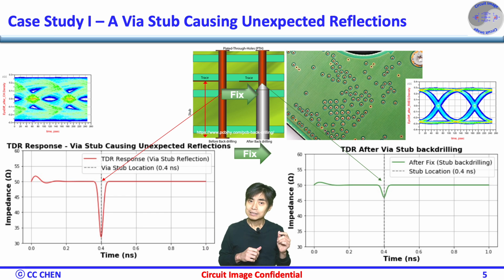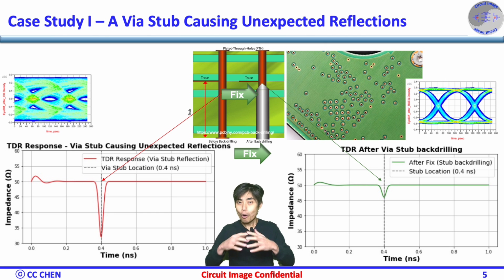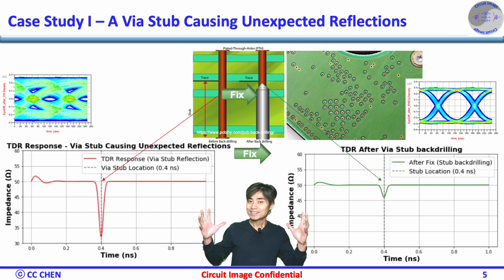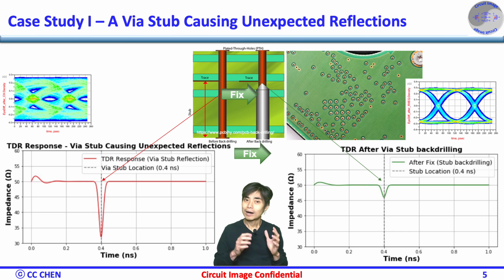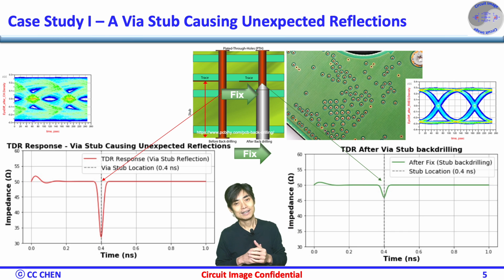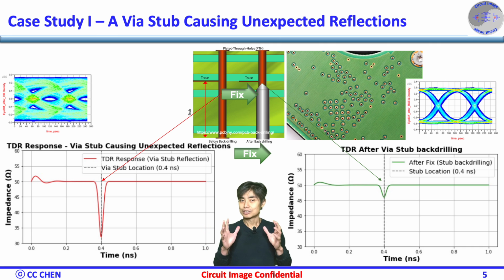Post-rework TDR shows a smooth impedance profile, and the eye diagram opens up significantly. This is a perfect example of how TDR finds what return loss alone misses. Next, let's look at how connector impedance mismatches impact SerDes performance.